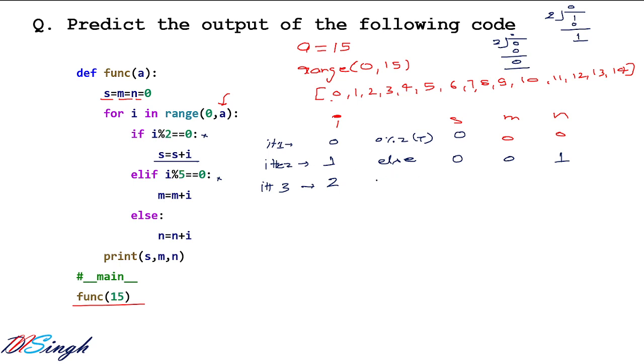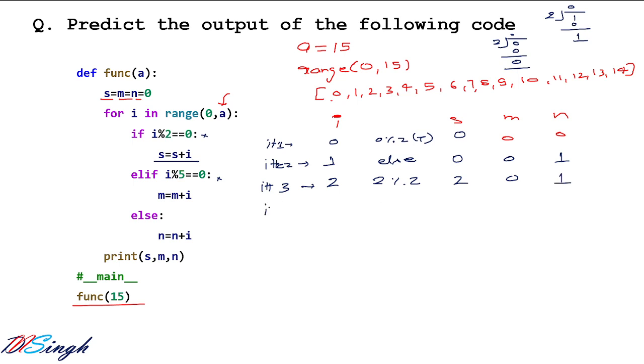Yes, the condition is true. 2 mod 2 generates 0, then the s value will be added with I. What is in s? 0. 0 is added with 2, so it will become 2. M is 0, n is 1.